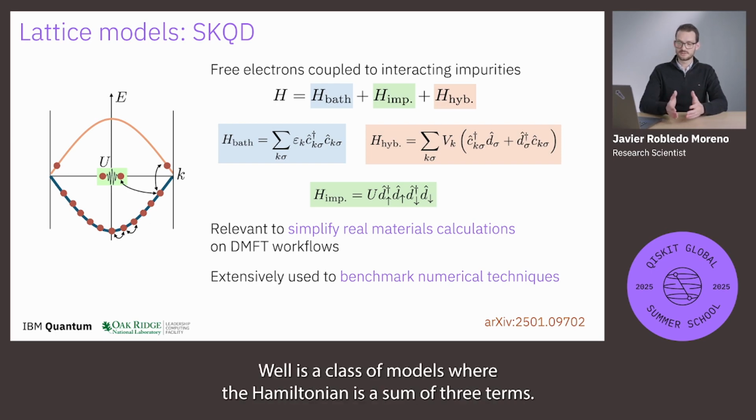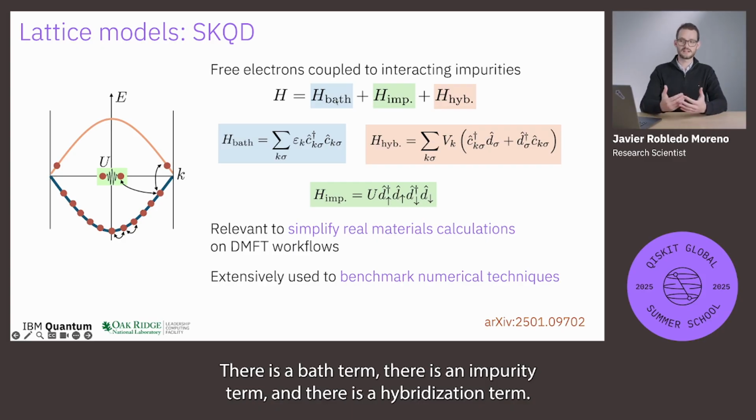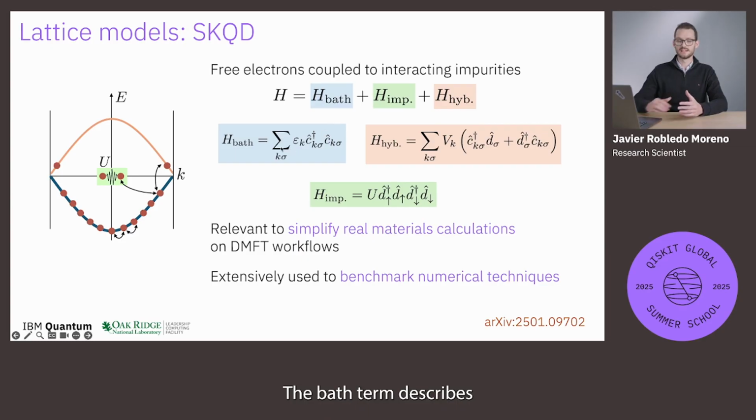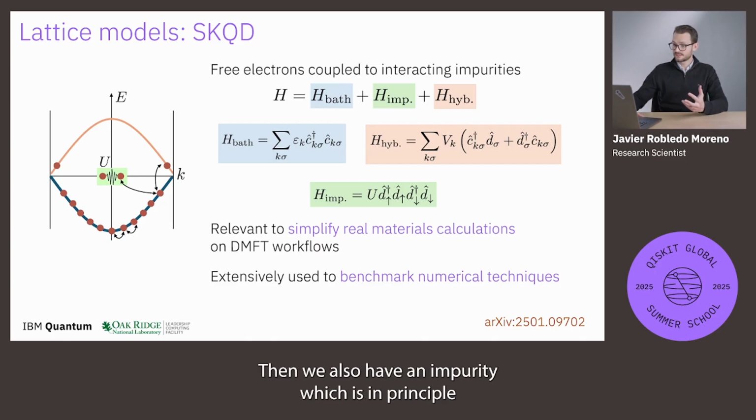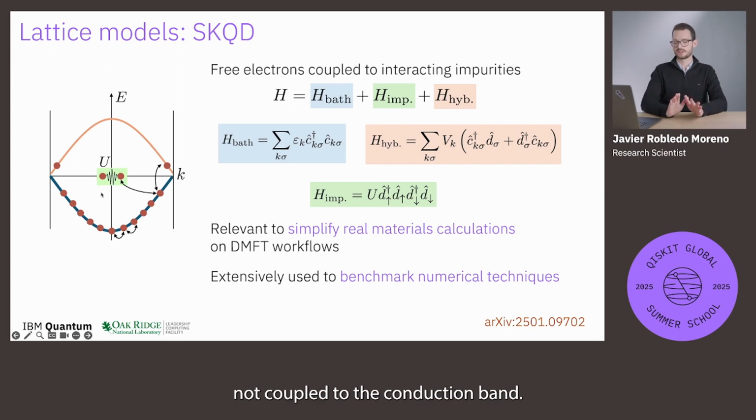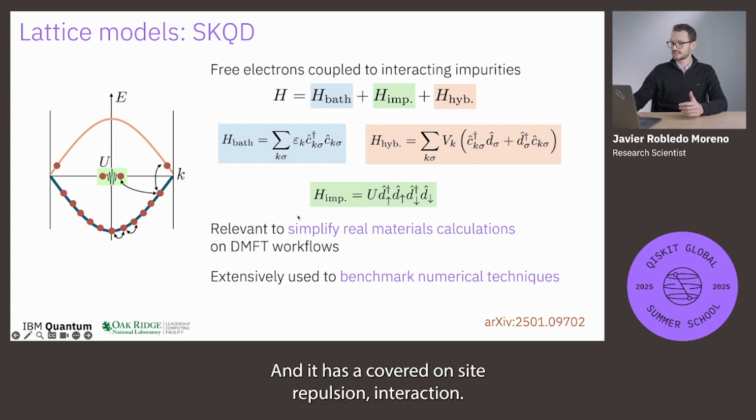What is an impurity model? Well, it's a class of models where the Hamiltonian is the sum of three terms. There is a bath term, there is an impurity term, and there is a hybridization term. The bath term describes free electrons in a conduction band and is diagonal when written in the momentum basis. Then we also have an impurity, which is in principle not coupled to the conduction band, and it has a Hubbard on-site repulsion interaction.